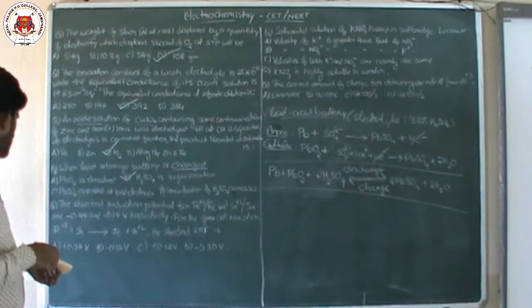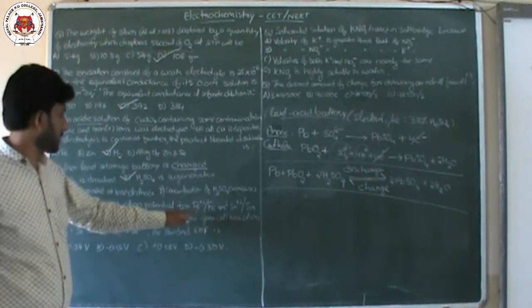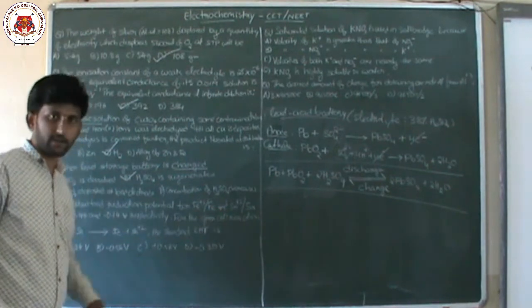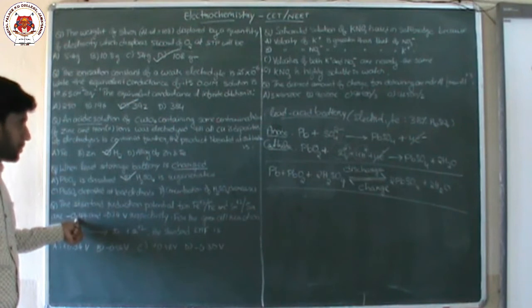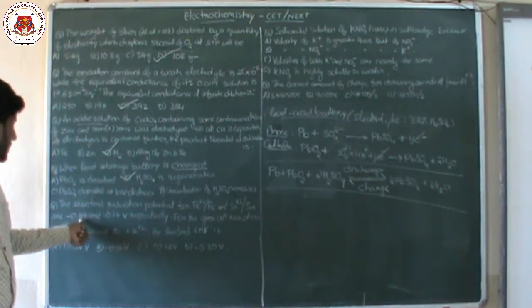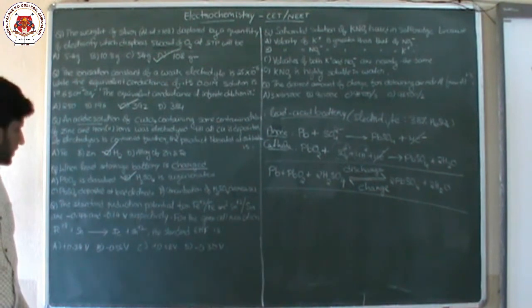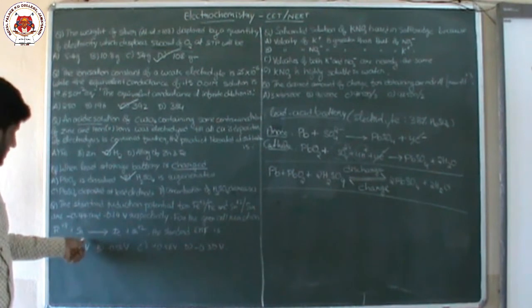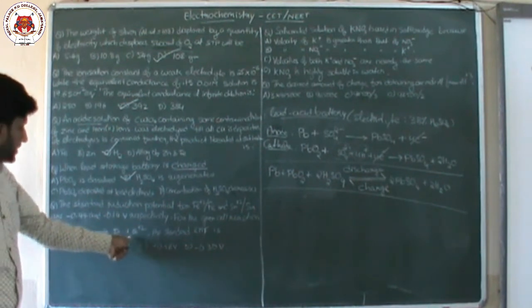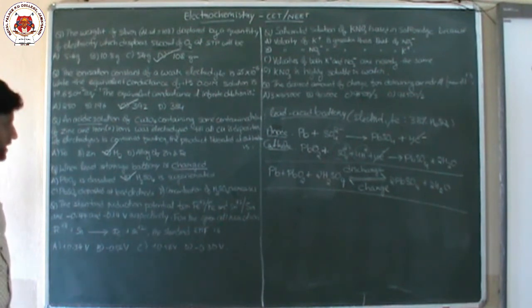Next question. The standard reduction potential for iron and tin electrodes are -0.44 and -0.14 volts respectively. For the given cell reaction, Fe plus 2 plus tin gives rise to Fe plus tin plus 2, standard EMF is?